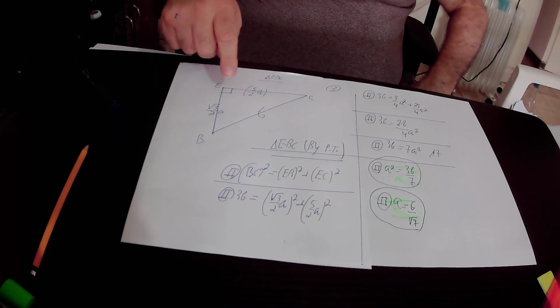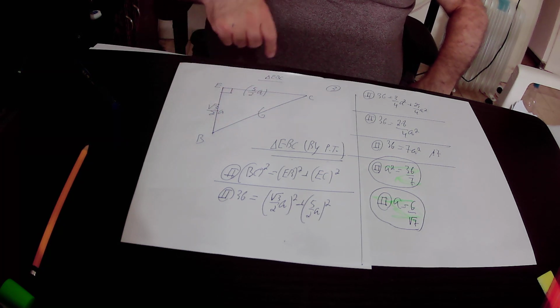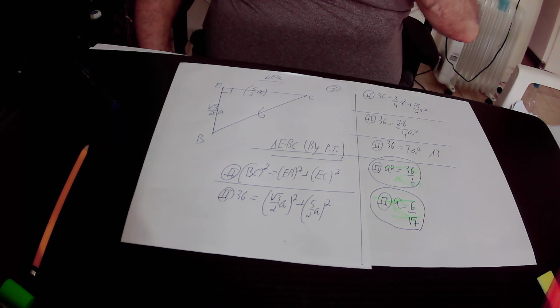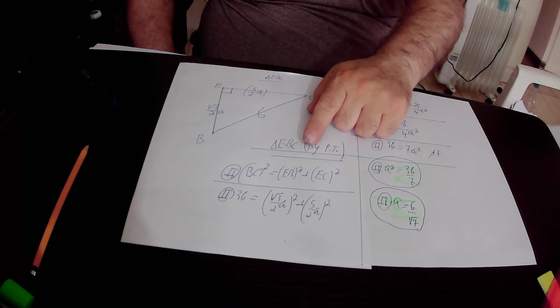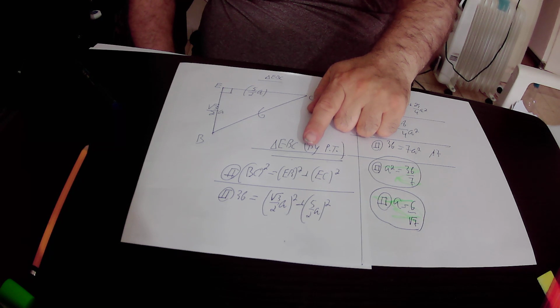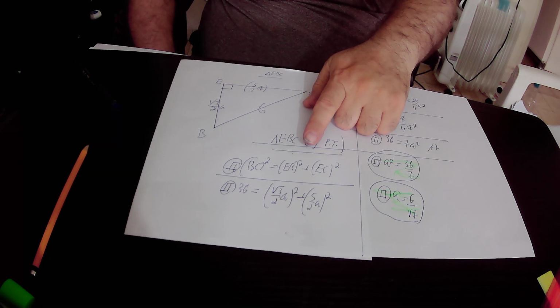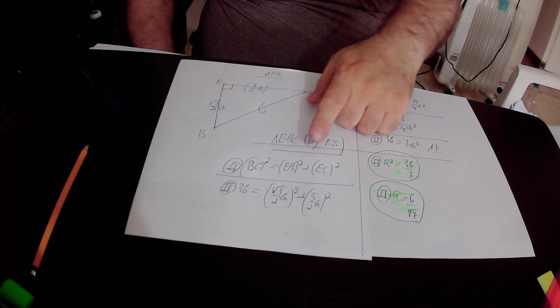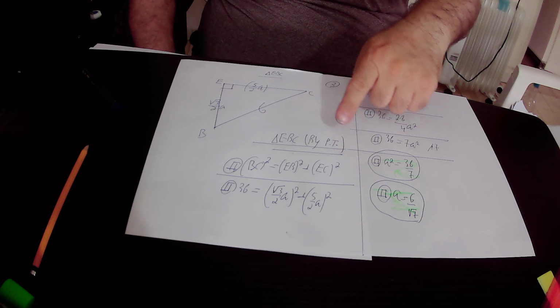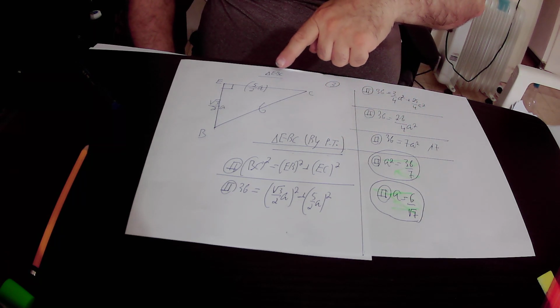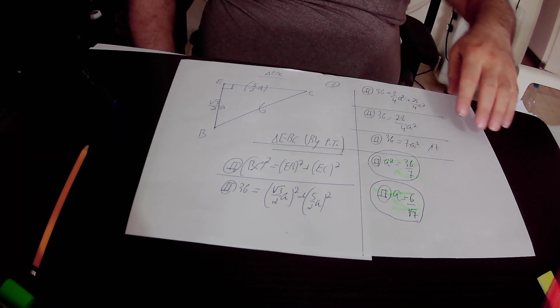BC equals 6, so BC square is 36. EB equals square root of 3 over 2 times a, so EB square is square root of 3 over 2 times a, squared, plus EC square, that is 5 over 2 a squared.